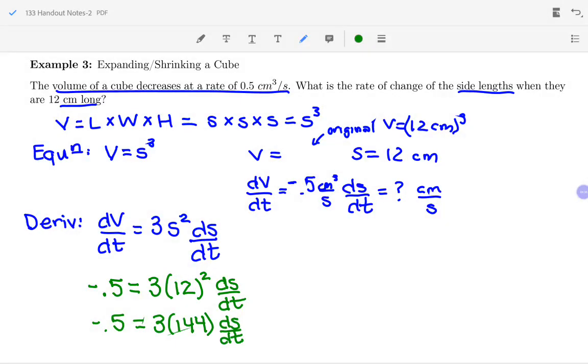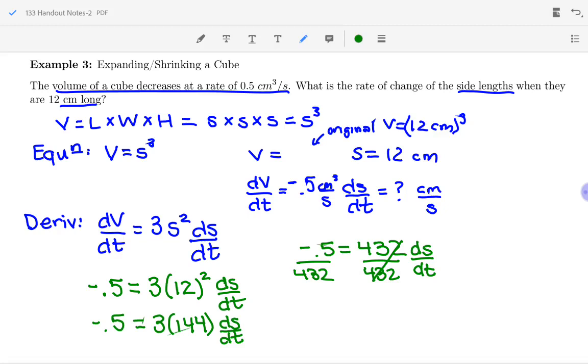Now we do 3 times that 144, and we have negative 0.5 equals 432 dS dt. Then to get dS dt, we divide by 432 on both sides.